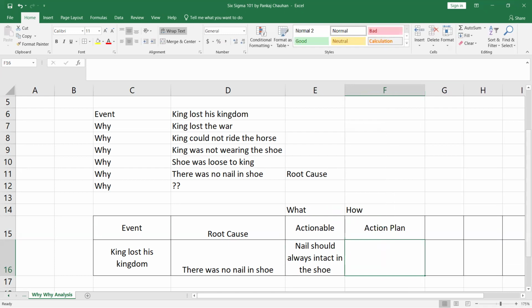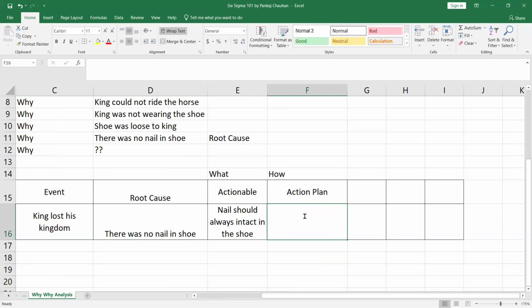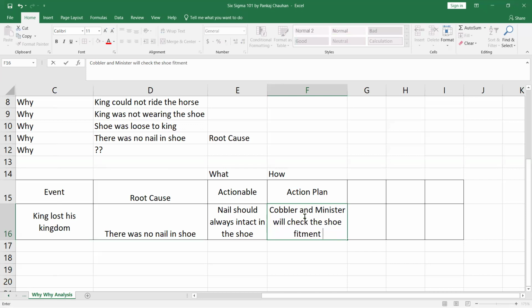Let's say the action plan will be that the cobbler and the minister of the king will check the shoe fitment every time before the king goes for a horse ride.